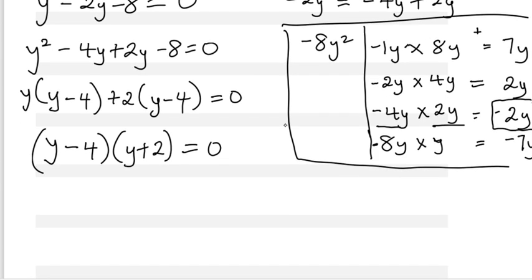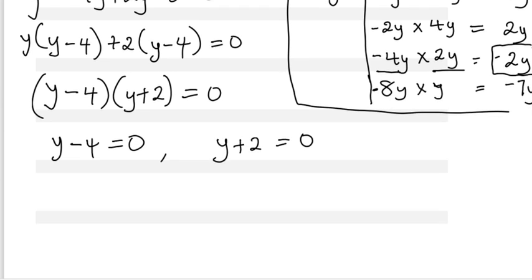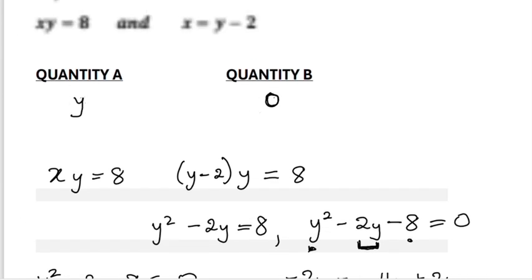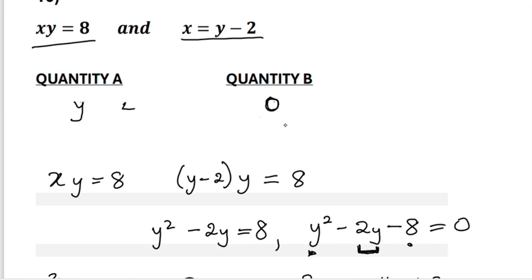What this means is that y minus 4 equals 0, or y plus 2 equals 0. And if this is the case, that means that y is simply 4, and over here we have that y is negative 2. So we have y to be 4 or negative 2. Let's take it up here. So if y is 4, that means quantity A is greater. If y is negative 2, that means quantity B is greater.